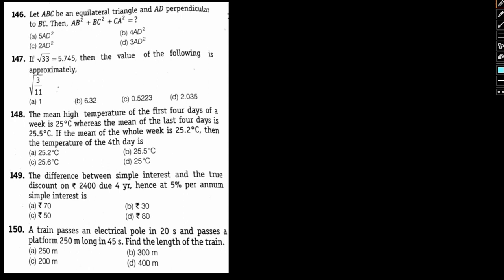Let ABC be the equilateral triangle and AD perpendicular to BC, and then AD square plus AB square plus BC square plus CA square is equal to? So here what we have is an equilateral triangle.